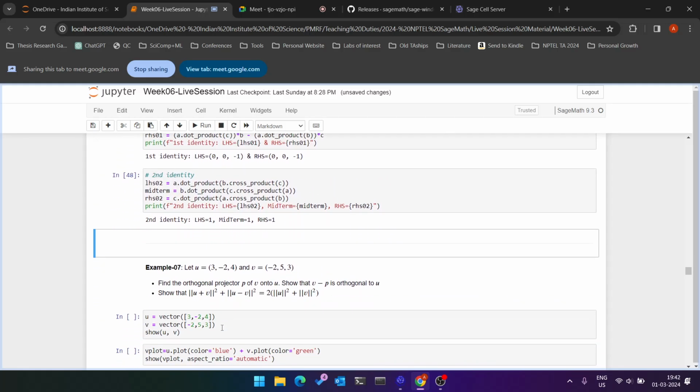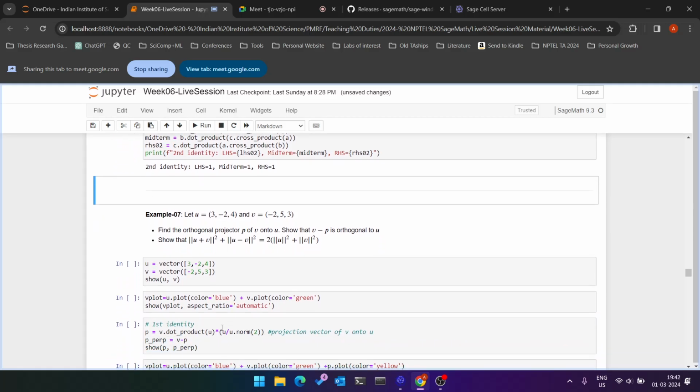pretty straightforward. Next example that we have is again on some identities. Suppose we have two 3D vectors, u is equal to 3, minus 2, 4 and v is equal to minus 2, 5, 3. Now we are asked to calculate the orthogonal projector p of the vector v onto vector u, and we are also asked to show that the vector v minus p is orthogonal to u.